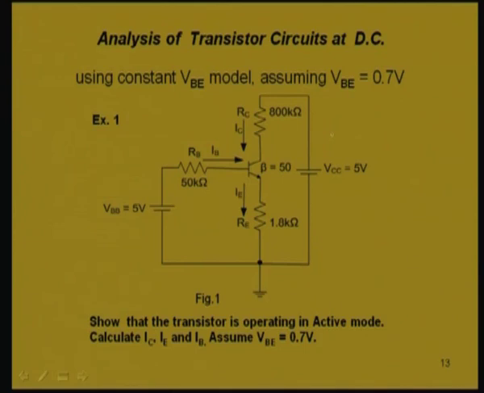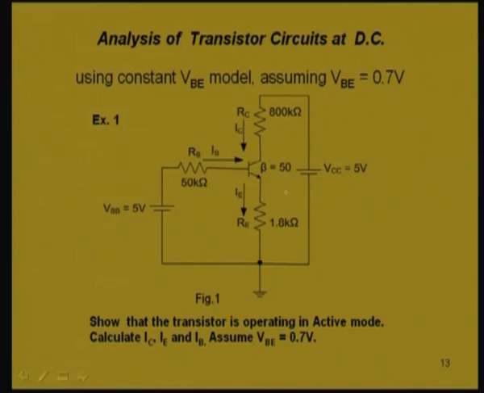When the transistor is on, the drop VBE will be 0.7 volt, which is the drop in a silicon transistor. We will be assuming a silicon transistor, and this will be followed throughout. When it is on, it will have a drop of 0.7 volt in the base to emitter region.